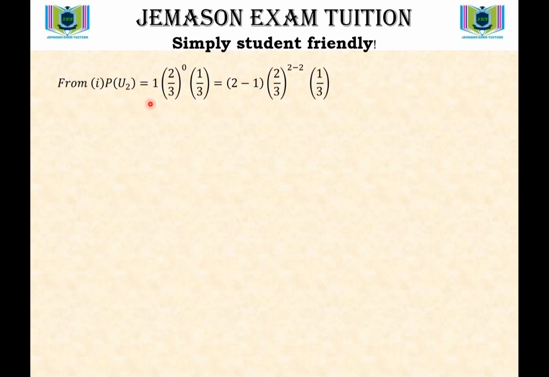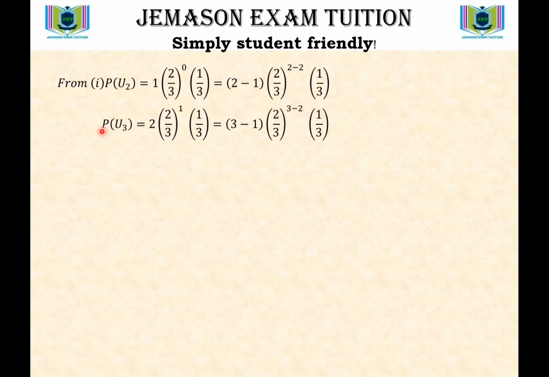In the first n-1 draws for P of U2, then we should have just the probability of having a white ball in the first draw, because when n is 2, the first n-1 trial will just be the first trial, and in the first trial the probability of having a white ball is 1/3, and it's just like multiplying 1 by 2/3, the probability of having a black ball, raised to the power 0, and it just gives 1/3, which can also be written in this form, just following a pattern which will be useful in our next calculation.